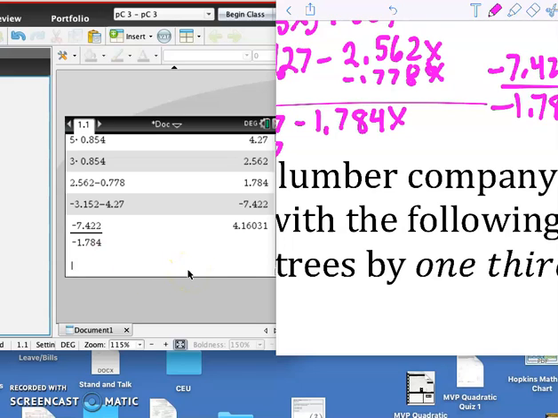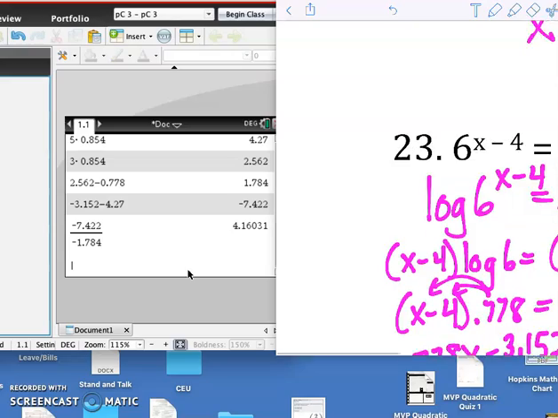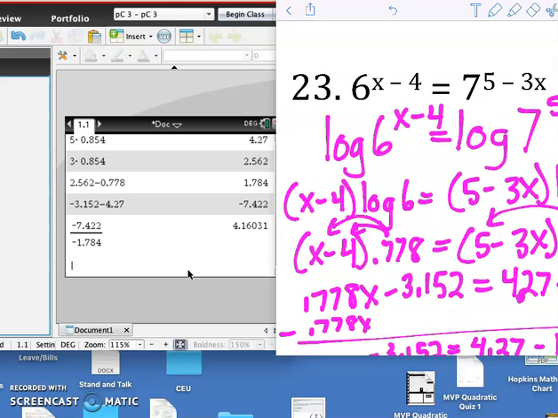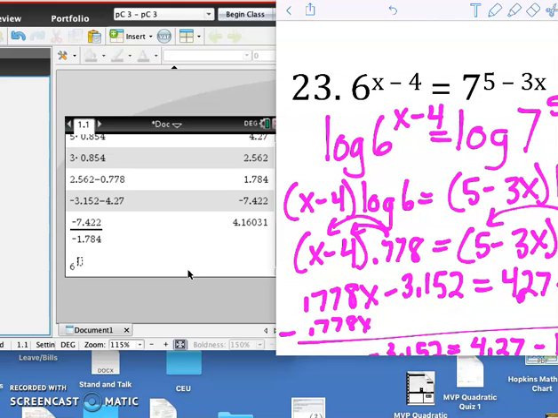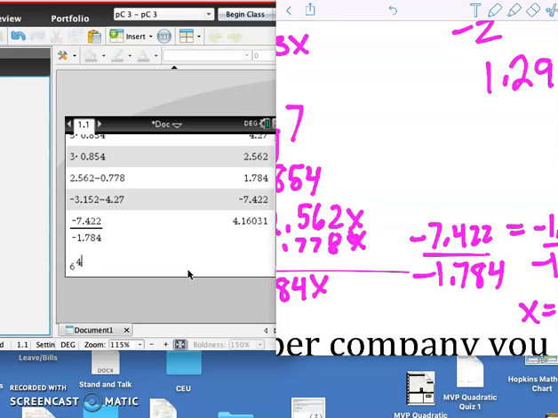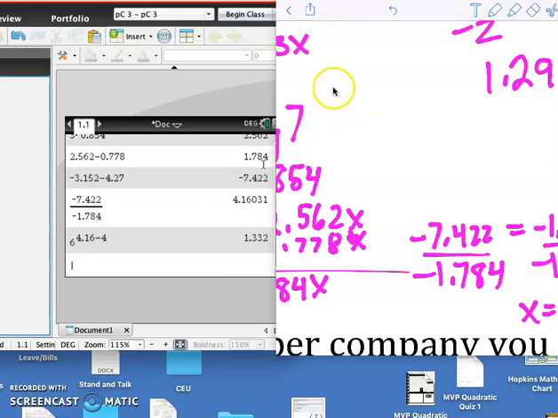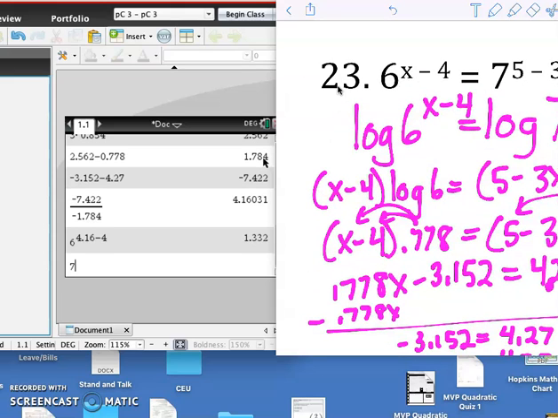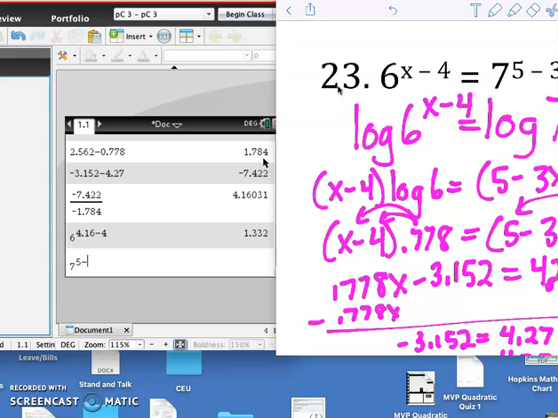And now when we look at this, here's our original problem. We can always double check that. So we had 4.16. So we could go 6 to the power of 4.16 minus 4. So what we're doing is I'm plugging that in for x. 7 to the power of 5 minus 3 times 4.16.